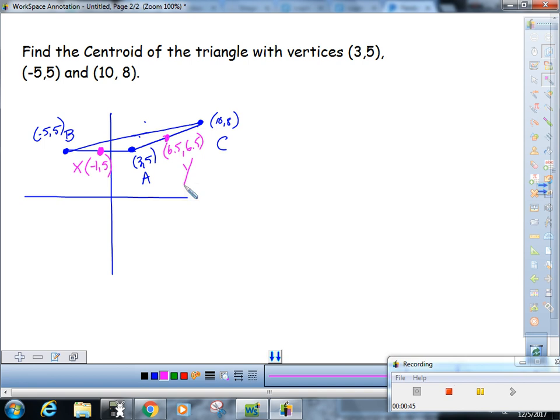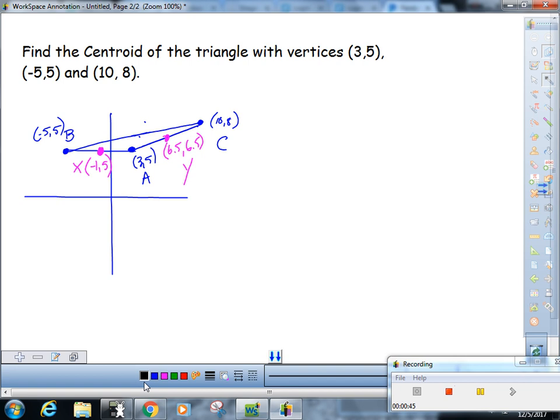Yes? I do not need the third one. Why do I not need the third one, class? Yes, the centroid is the intersection of all 3 medians. But if it's the intersection of all 3 medians, then it's also the intersection of 2 medians. So I could clearly find the other one, but I would be doing unnecessary work.